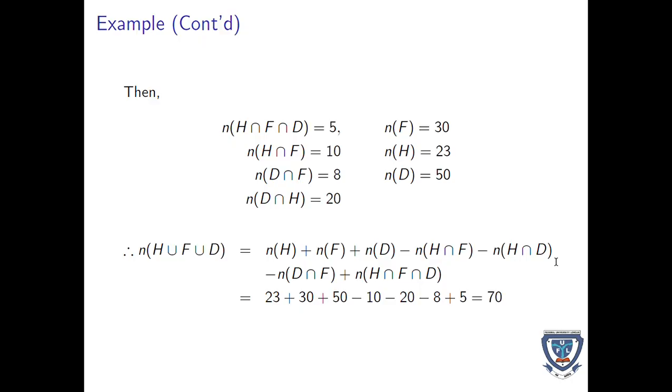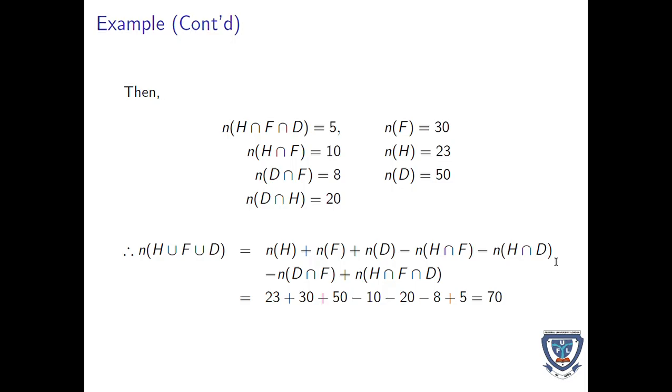Now let's do some calculations. Based on the information given by the inspector, the number of H intersection F intersection D is 5. The number of H intersection F is 10. D intersection F is 8. D intersection H is 20. The number of F is 30. The number of H is 23. The number of D is 50.